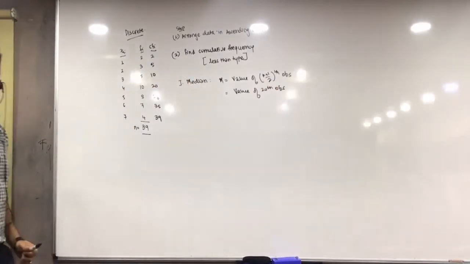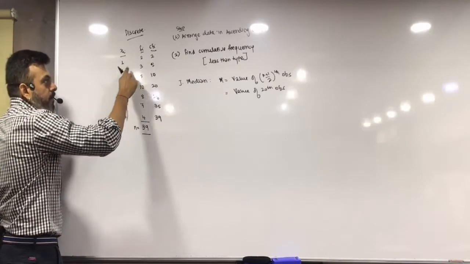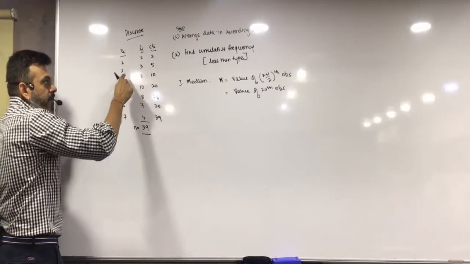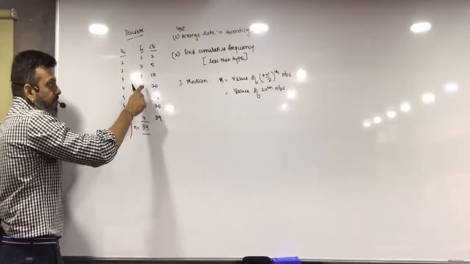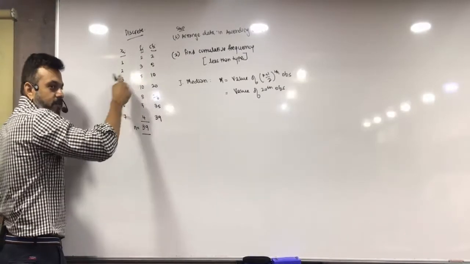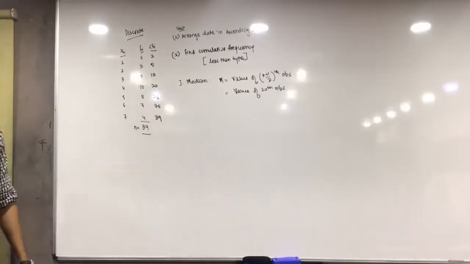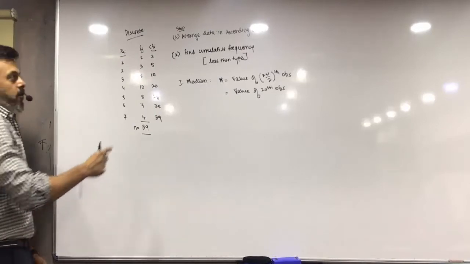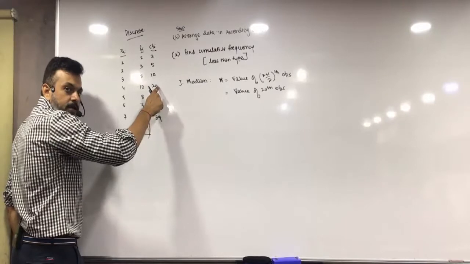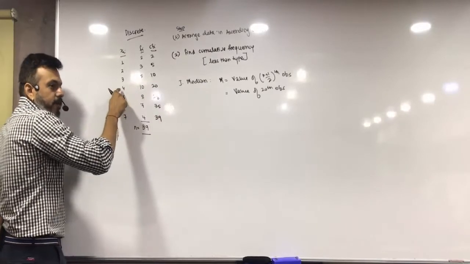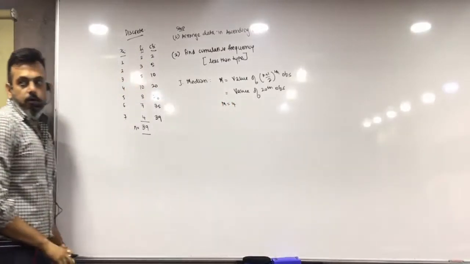Try to understand the concept. 1 has come 2 times, 2 has come 3 times, 3 has come 5 times, 4 has come 10 times. So these are the number of times an observation appears in the data. We want to find our 20th observation, so we go to CFi. Can we see 20 over here? So our 20th observation is 4. So median is equal to 4.